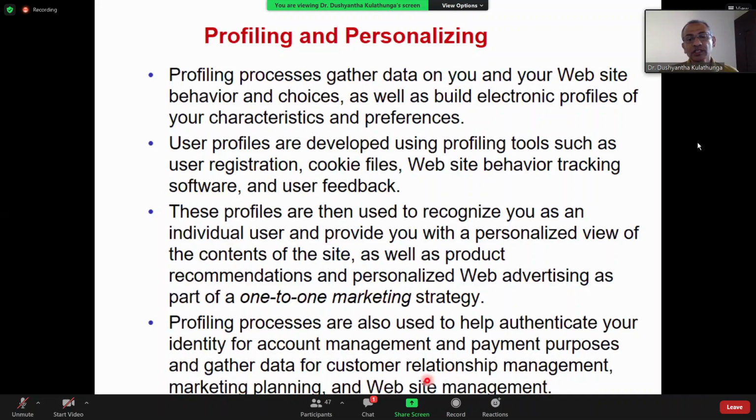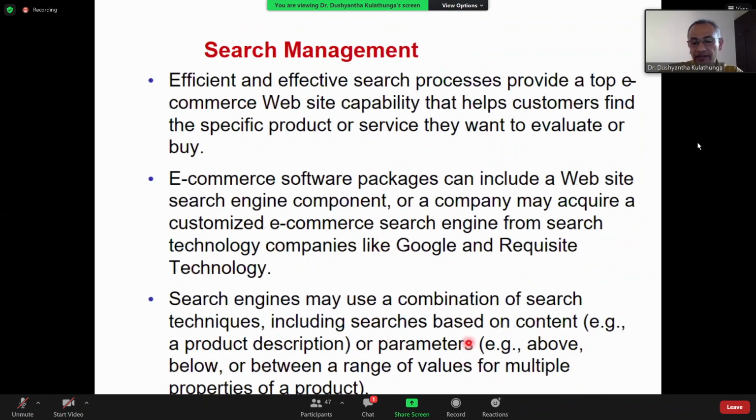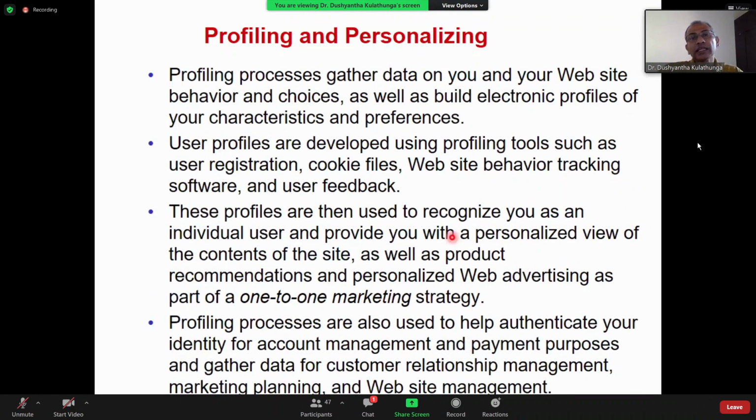And also for website management, for providing a personalized web experience or personalized websites, the particular information can be utilized. Yes, that is about profiling and personalizing.